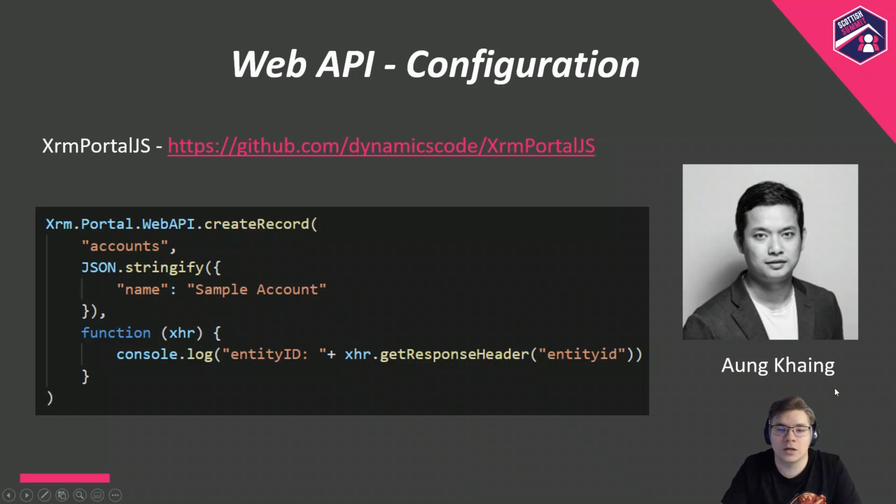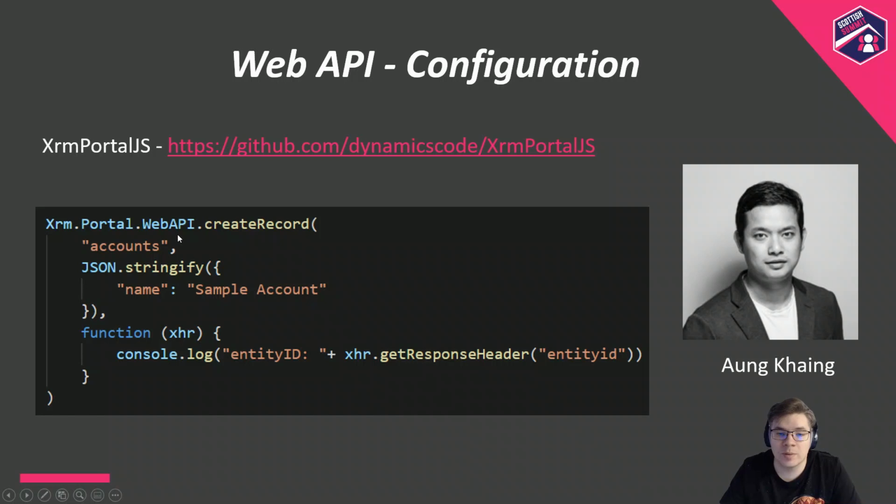So, Microsoft MVP King, and again, sorry if I did pronounce it wrong, created a library called XRM Portal.js, which allows you to perform various operations that are pretty common on the portal, like hiding and showing fields, but also in the latest revision, he added Web API support.